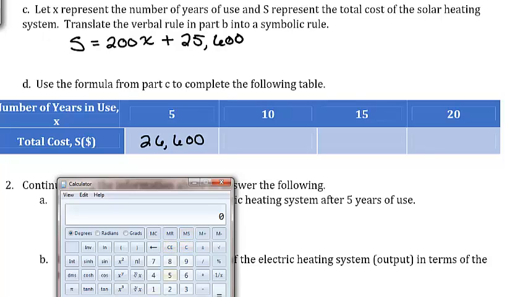So we're going to take 200 times 10, and then we're going to add to that the installation cost, which was $25,600. So 200 times 10, and then plus 25,600, and we get 27,600.